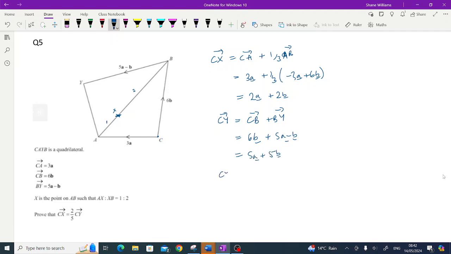So you can see that C to Y equals, let's call it 5 over 2 lots of 2a plus 2b, or in other words, 5 over 2 lots of CX. I should have maybe done it the other way around, so I'll just flip it now, CX is 2/5 of CY. That sort of type isn't too difficult. There's no need to bring in an extra variable, extra parameter there.